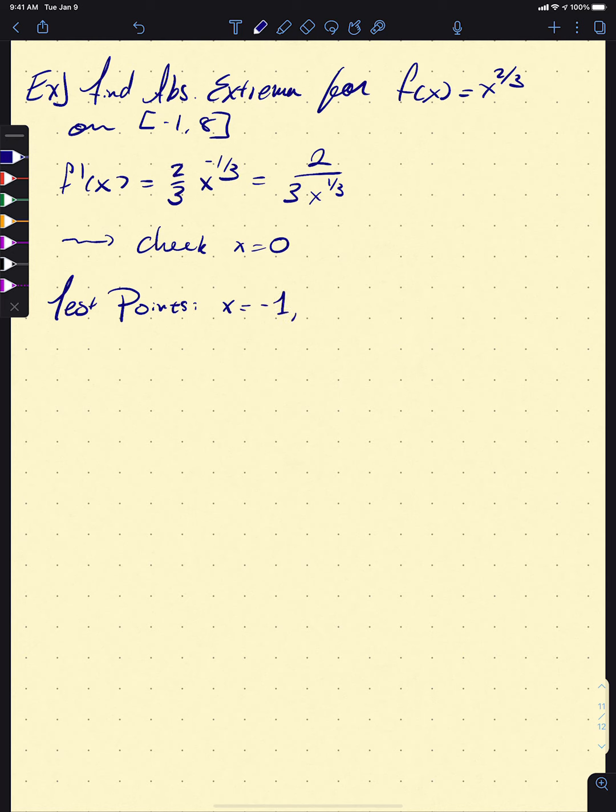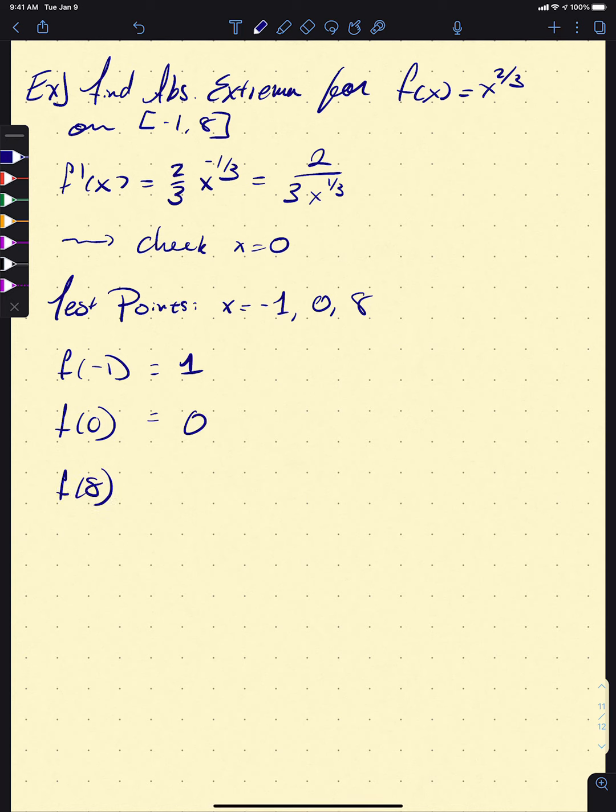We have the boundary, 0, and the other boundary, and we start checking them. So -1, -1 squared is 1, and then you take the cube root of it, and you get 1. f of 0 is, well, 0.